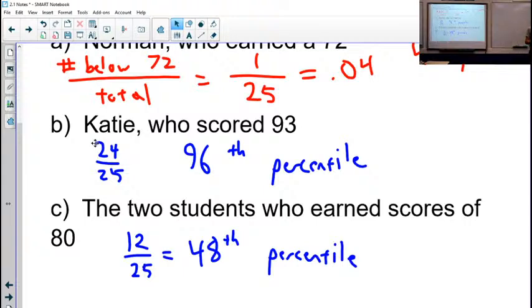We don't have a 100th percentile because we're looking at what percent of people you scored better than, and you can't score better than yourself. So the highest we can have is the 99th percentile. That would be the top of what we could get. But 96th in this case because we don't have enough to get to the 99th percentile.